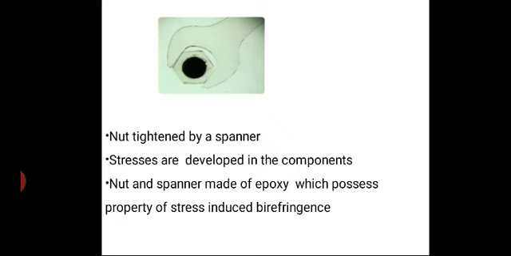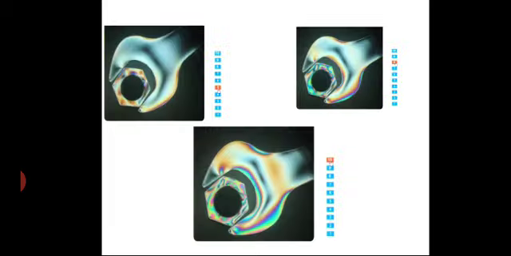The stresses can be analyzed, or we can observe the stress in the form of finely birefringent designs or patterns. You can observe here, depending upon the loading, how the stresses are distributed in the nut as well as the spanner.